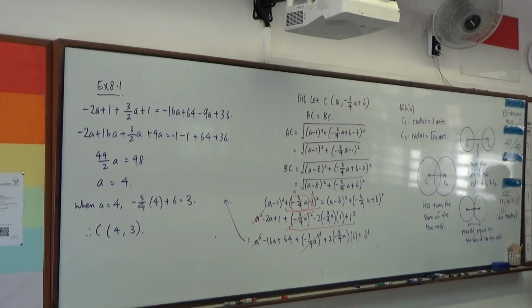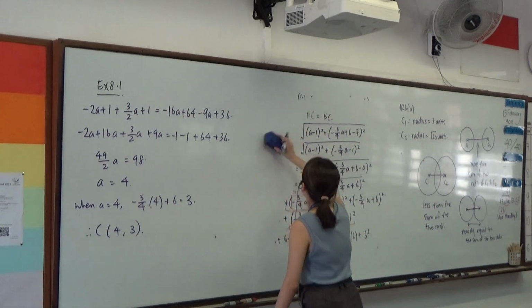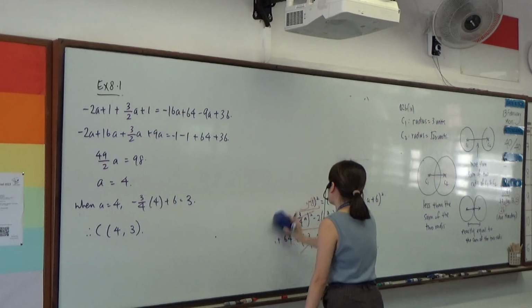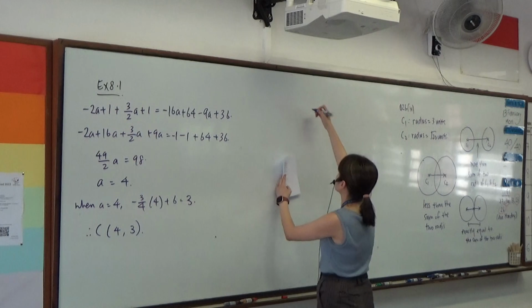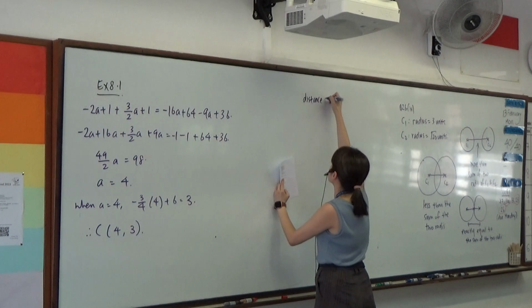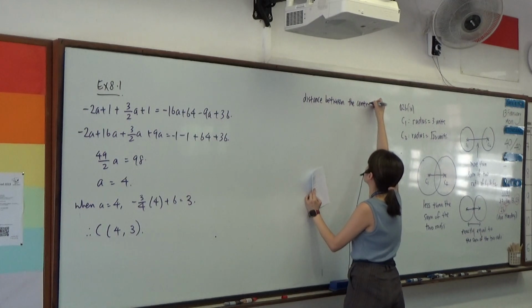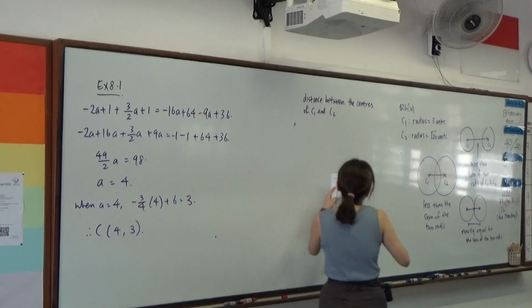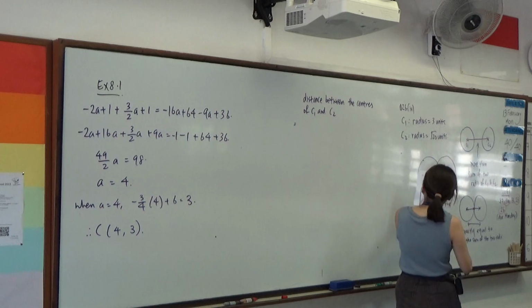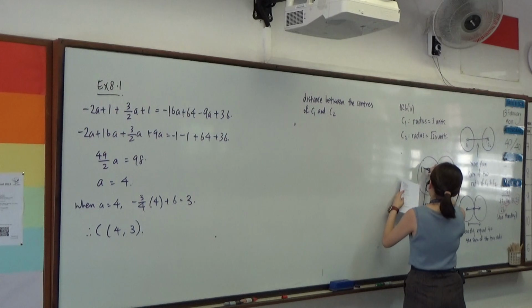So in order to check whether they are overlapping or not, what we will do is to go and find out what is the distance between C1 and C2. Okay, so we have the coordinates of the two centers. Center C1 has the coordinates of 5, -2.